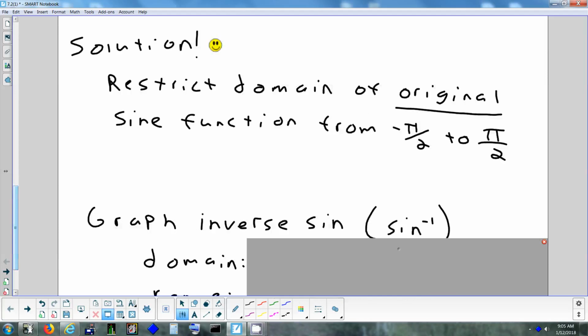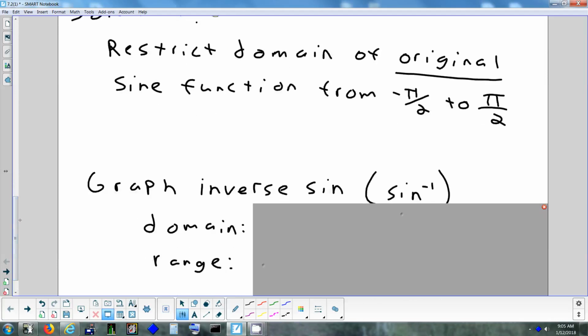So, when we graph the inverse, it's going to have a domain and it's going to have a range. And the way you can figure out the domain and range, it's all based on the original, the regular sine function. What did I say earlier about a graph and its inverse?